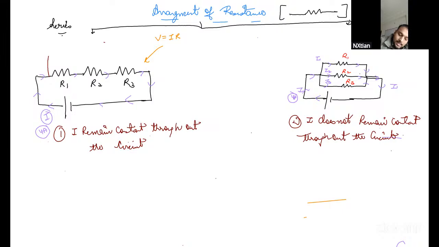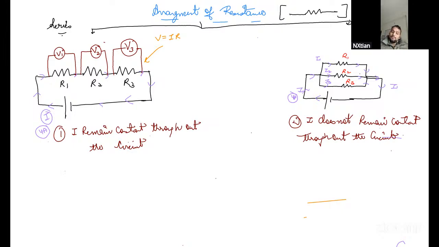So it means that the potential difference across the resistances will remain different. Did you understand? Because I is constant and R is changing, the potential difference across the resistors in series is different. Did you understand, guys?